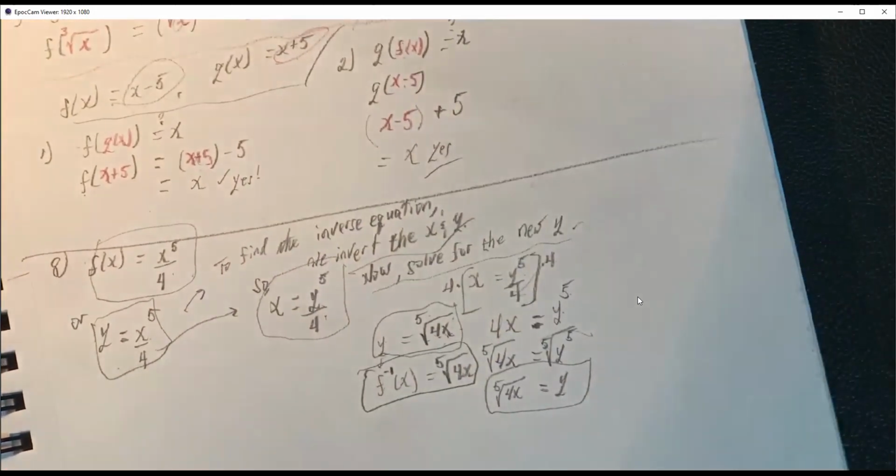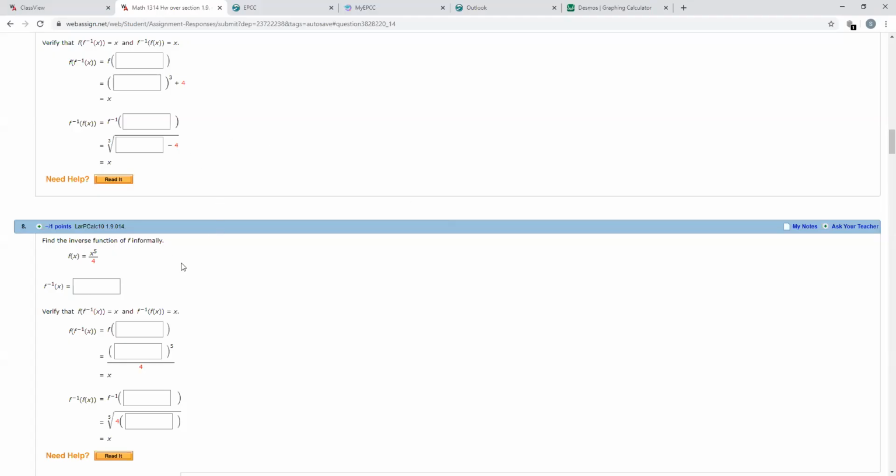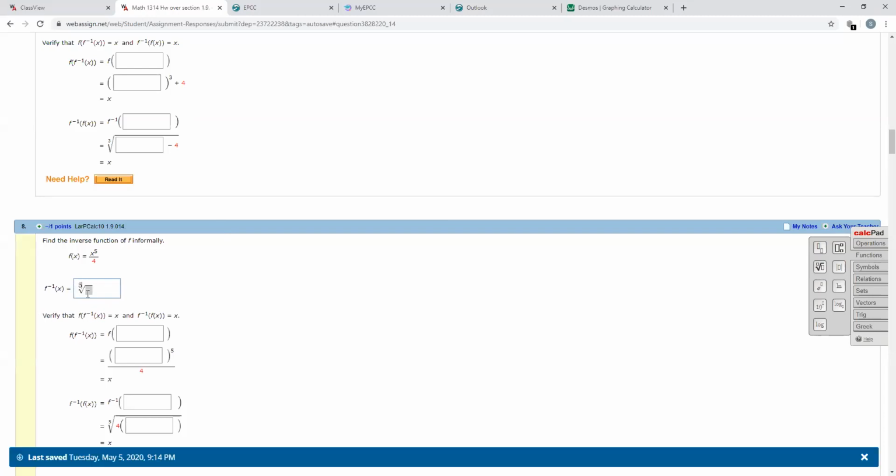So that's what we're going to put in WebAssign right here. F inverse is the fifth root of 4x.